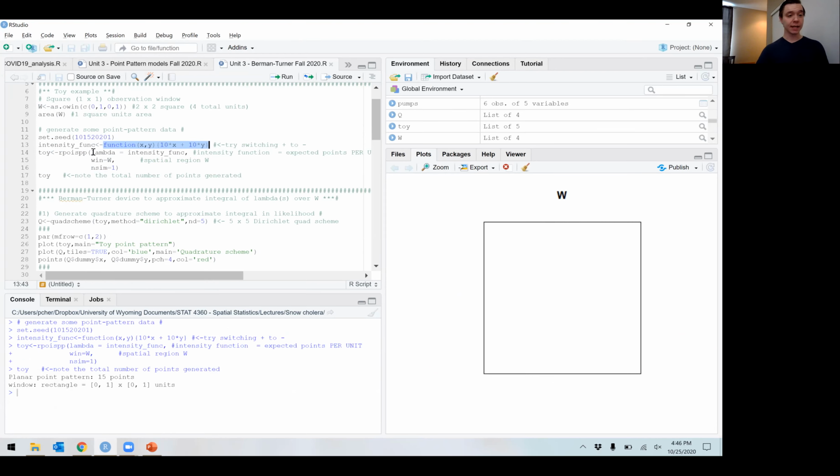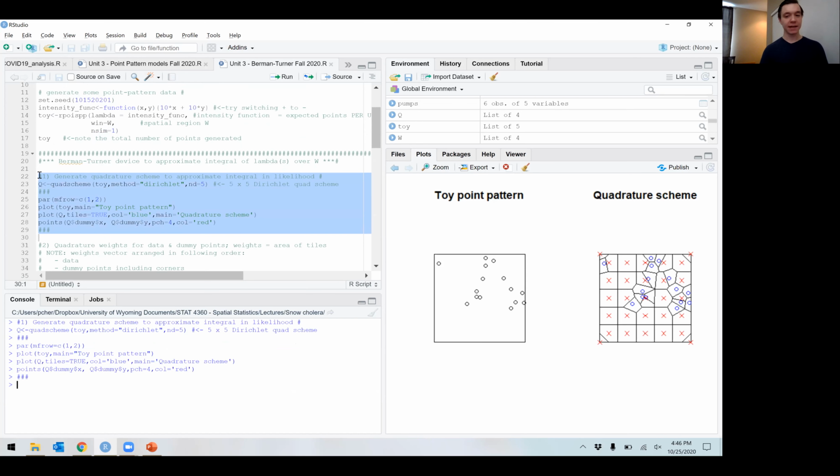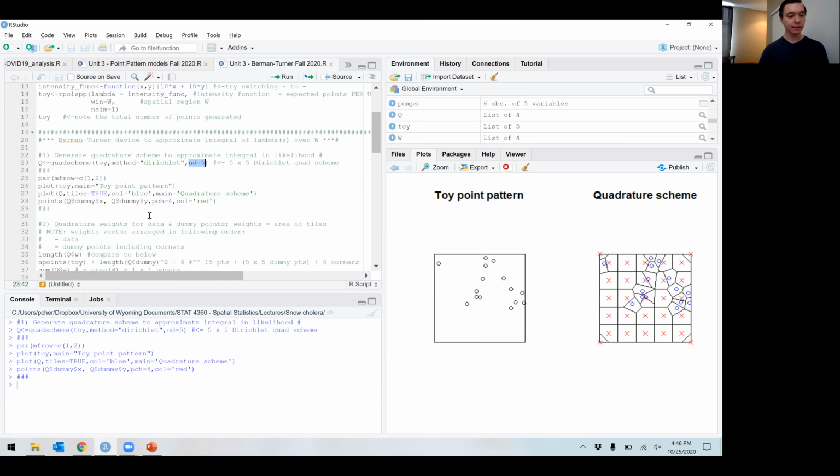I specify it right here. Here is my window. And I want just a single realization. Make my quadrature scheme, 5 by 5 grid. This is just a 5 by 5 grid. The method is the Dirichlet method of determining the area of each tile. Here is what specifies that this is a 5 by 5 grid.